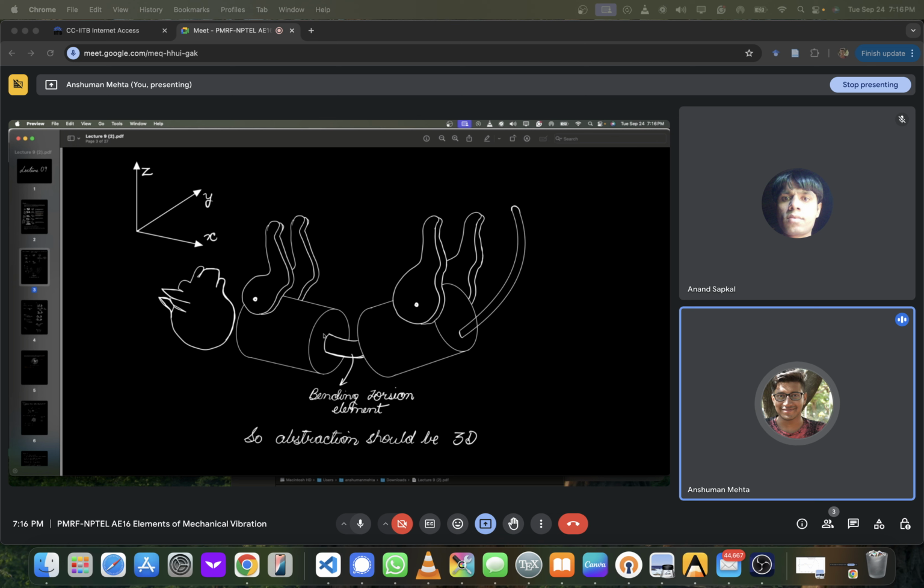So hence there is bending as well as torsion in the system, and it is kind of energy stored. So this is energy being stored in the spine, and then there was a fore hind extension.